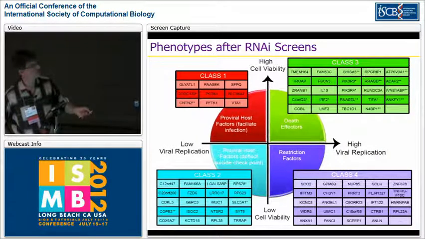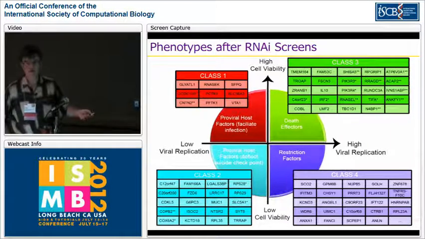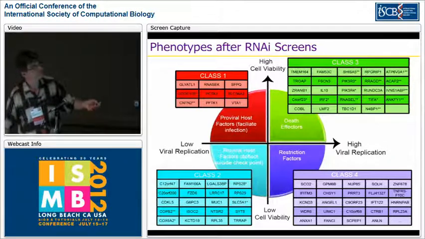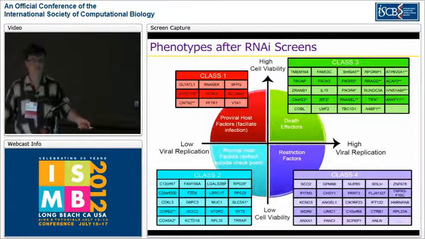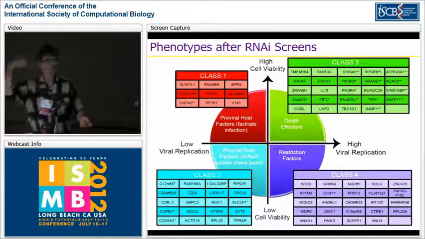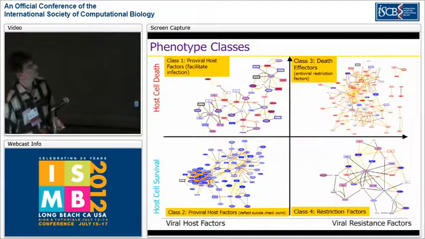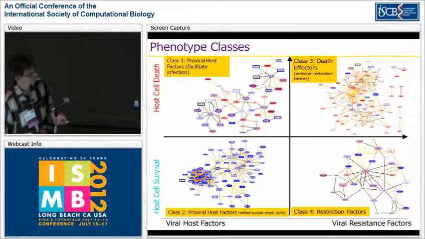So if I inhibit the factors, I would have low viral replication, but these are actually the factors that are required, as I said. Here, high viral replication, high cell viability, and low cell viability after inhibition by RNAi screens. Just to confuse my audience, I just renamed it here.